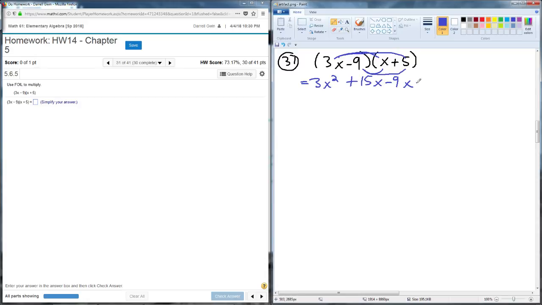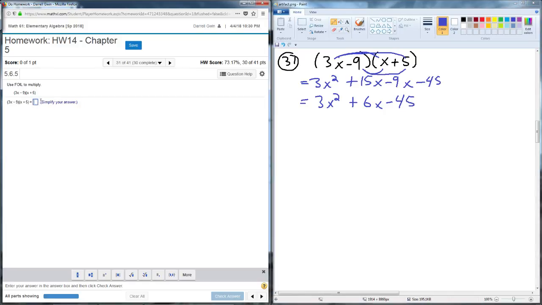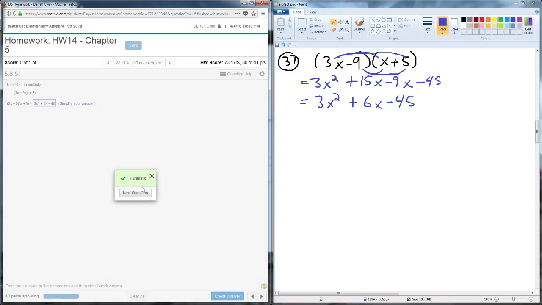Negative 9 times 5 is negative 45. Let's combine like terms. 3x squared. 15 minus 9 is 6x minus 45. Let's type the answer in. 3x squared plus 6x minus 45. Enter. Perfect score. Fantastic.